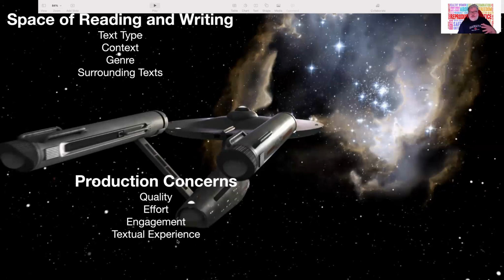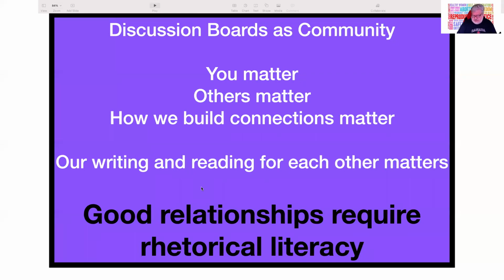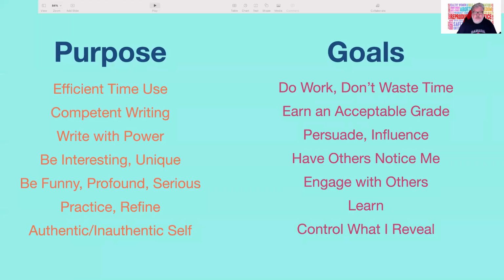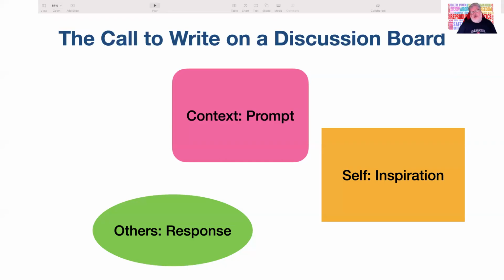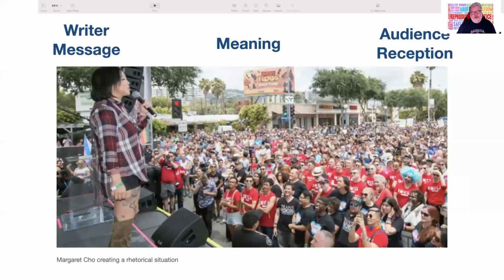These areas: your purpose and your goals, your message and your audience, your space of reading, your production concerns, and what's being produced. I might have missed one here. Oh, the call to write. What is the call to write? Sorry.